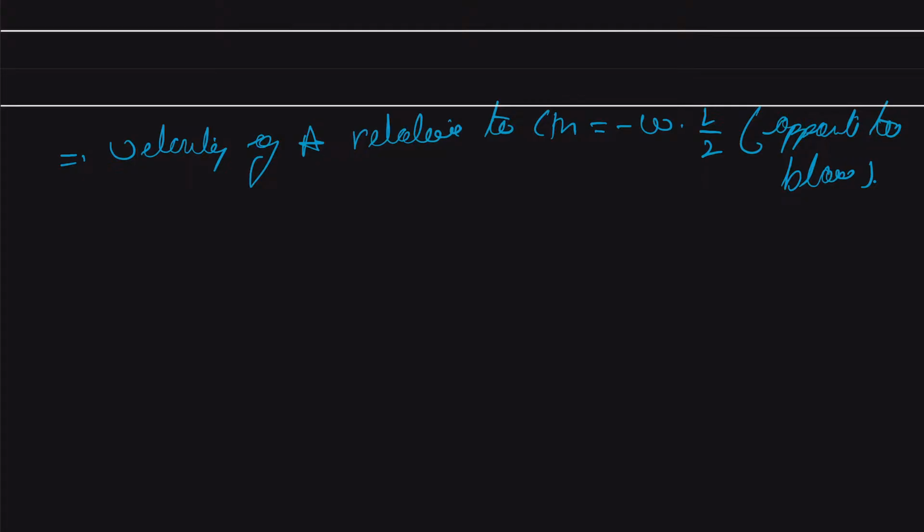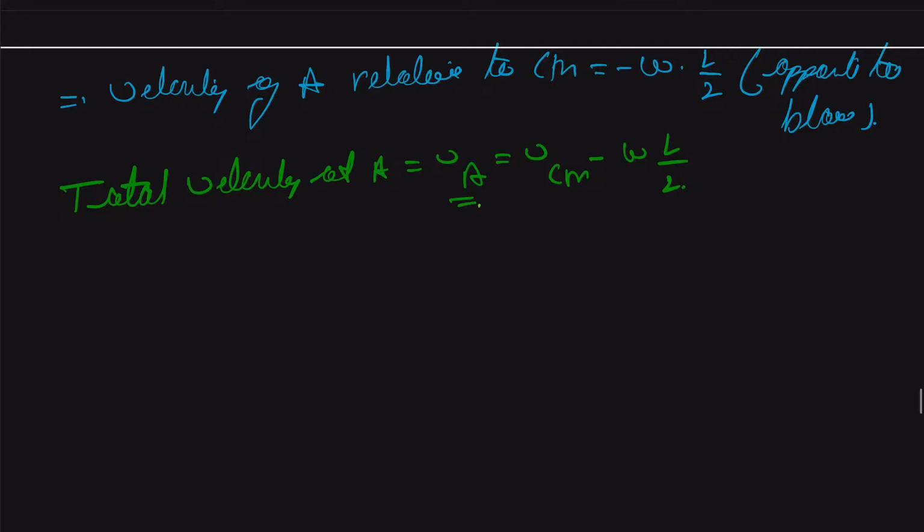Therefore, the total velocity at A, let us call this VA, will be equal to the velocity of center of mass minus omega L by 2, and we want that this VA should be equal to 0.